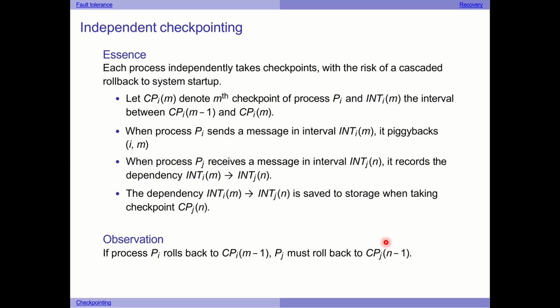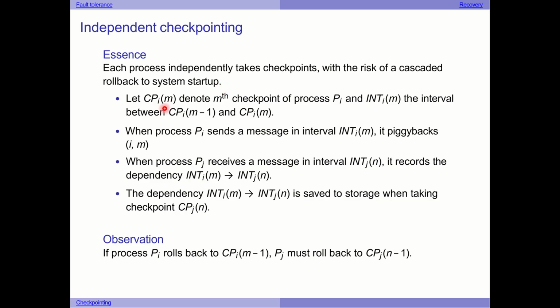So this is what is meant by the risk of cascaded rollback to the system startup. They roll back all the way from the beginning, not up to a certain checkpoint, because it's pretty hard for them to find the consistent checkpoint.